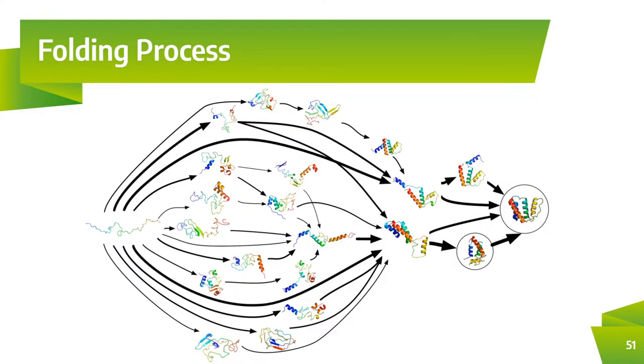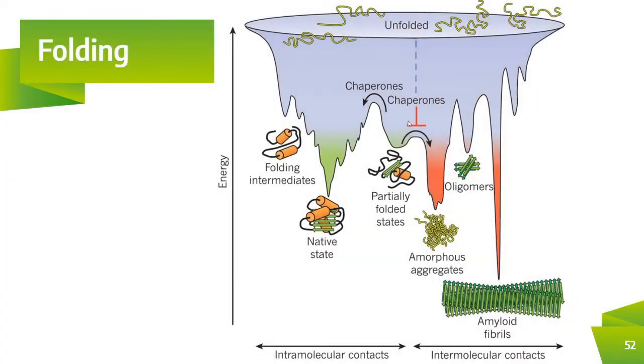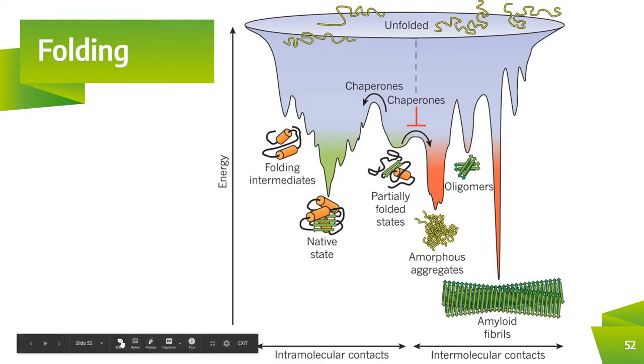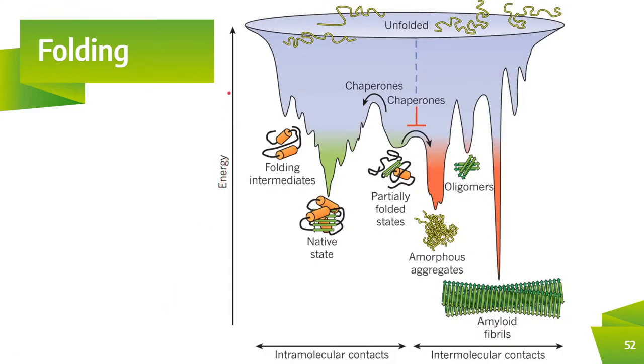But one thing that is true for all of them is that in the folding process, the energy of a protein is always decreasing, and the protein basically wants to get to a state that is very stable, right? It has a low energy amount.